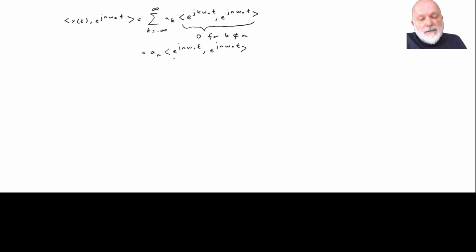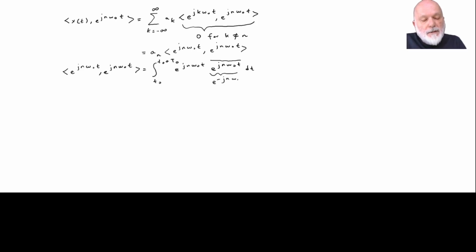Now, what is this inner product? Let us look at that expression. The inner product of e to the j n omega 0 t with e to the j n omega 0 t is equal to the integral from t0 to t0 plus capital T0 of e to the j n omega 0 t times e to the j n omega 0 t, but with a conjugation. And as you see, this is e to the minus j n omega 0 t.